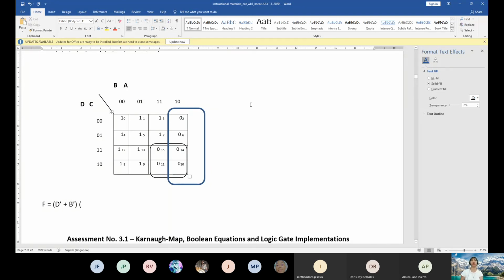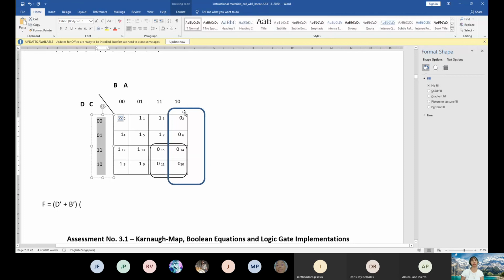Then for the second term, we have the blue loop here. For the blue loop, how many values do we have for D and C? We have 4 values, so it encompasses 4 values for the DC inputs: 0, 0, 0, 1, 1, 1, and 1, 0.